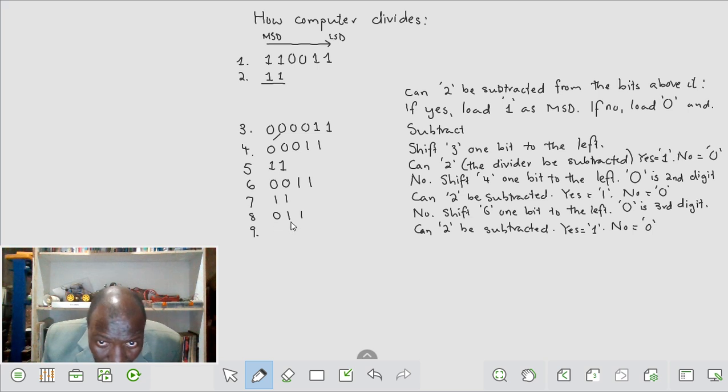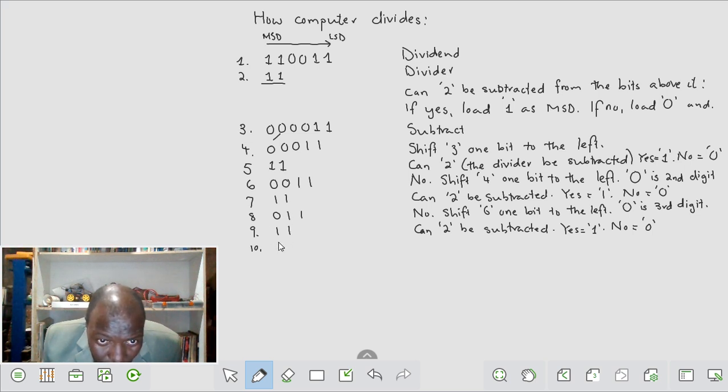Now the answer is, can you subtract the divider? Remember, this is the dividend. I didn't list this. So you load the dividend, you load the divider. So 2 is always our divider. So can the divider be subtracted? When you try to subtract, the answer is no.